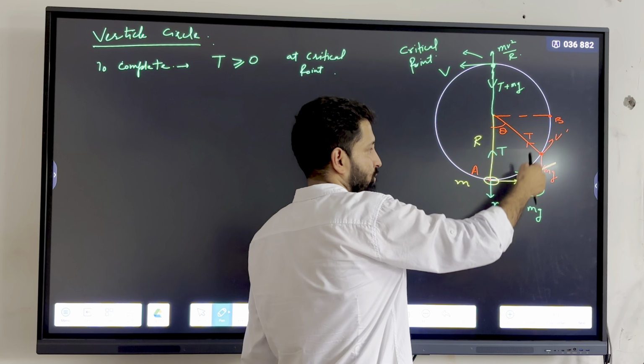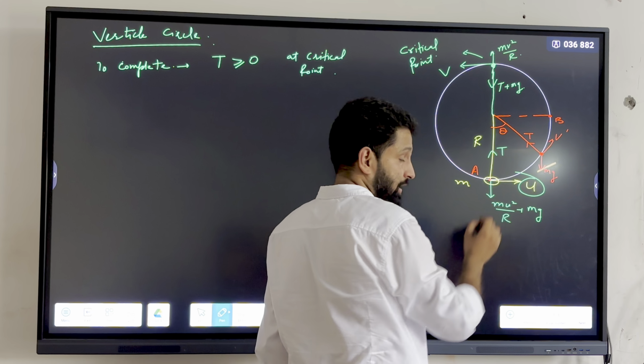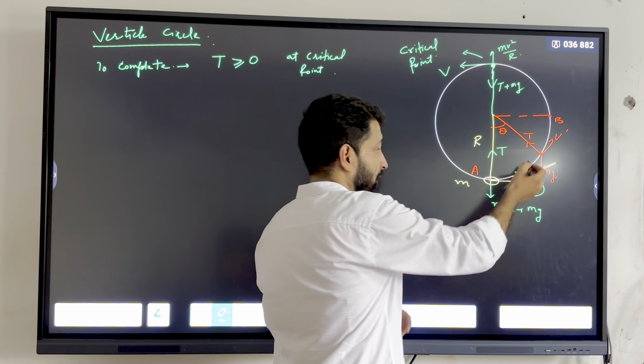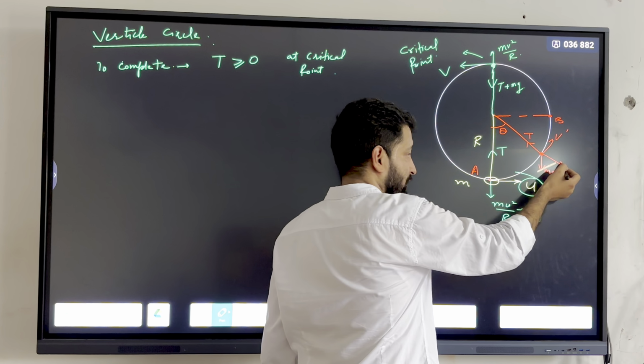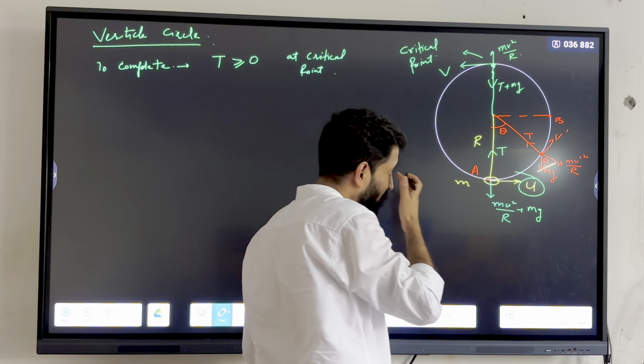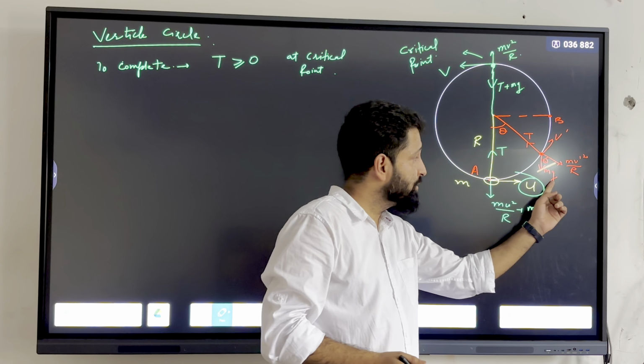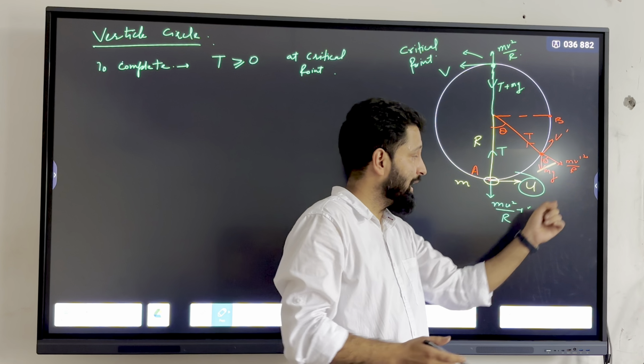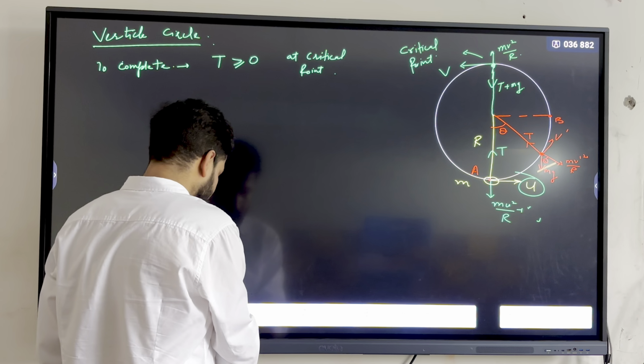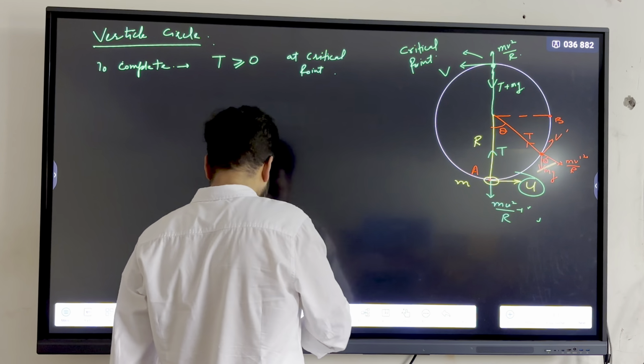For example, it was u, now it's v dash. So the centrifugal force will be away from the center, so it will be in this direction, m v dash square divided by r. If this is theta, this is also theta. So here we can see that the component of mg in this direction will be mg cos theta.